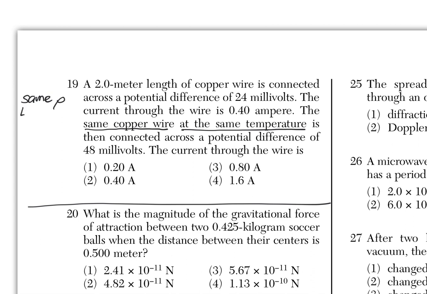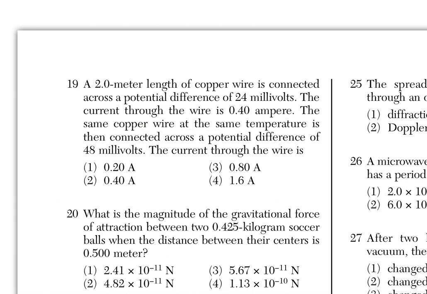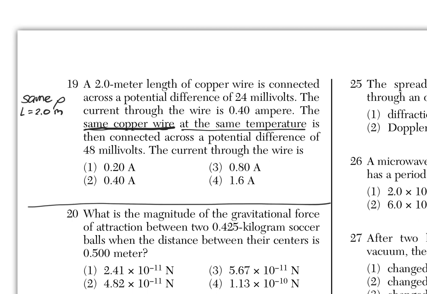The length is 2 meters, but it says 2 meter length of copper wire is connected to 24 millivolts. The current is 0.4 amps. That same wire at the same temperature, it's the same wire, so it's going to be the same length as well. So I'm not changing the length, I'm not changing the resistivity, but I am going from 24 millivolts to 48 millivolts. So I just doubled the voltage.